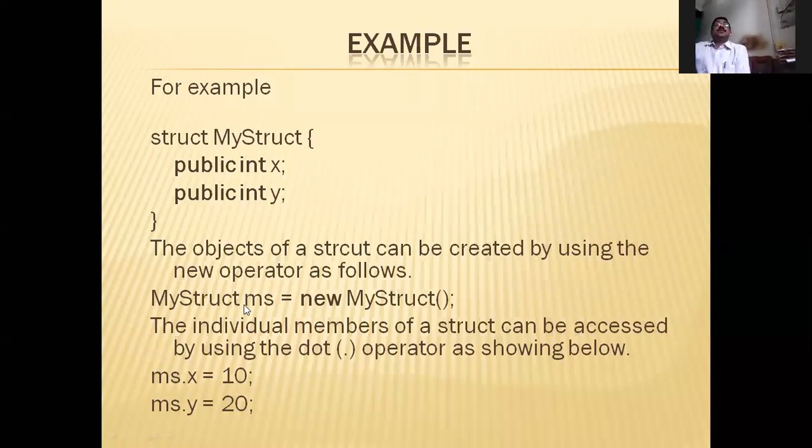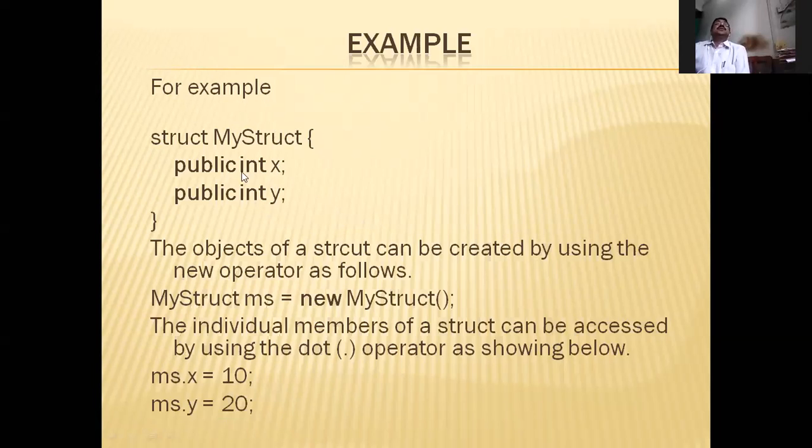Combine these two: x and y are the members, and ms is an object of our structure. You can say ms.x equals 10 and ms.y equals 20. So this is a structure example.